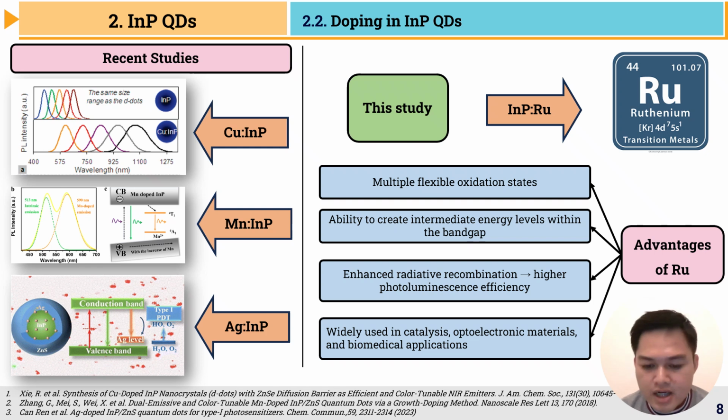We choose ruthenium because it has flexible oxidation states and can create new energy levels in the band gap, improving radiative recombination and photoluminescence, making it a good dopant.